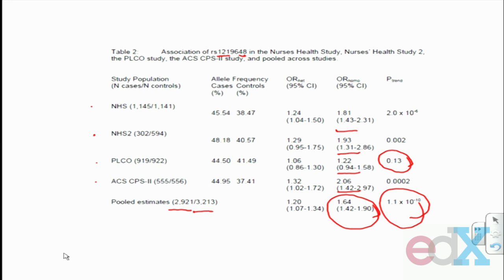And when we do that, the odds ratio is about 1.64 here for the women who carry 2 copies of the variant allele. Not a huge association in risk by any means, but highly, highly significant. 1.1 times 10 to the minus 10, so 1.1 with 9 zeros in front of it.